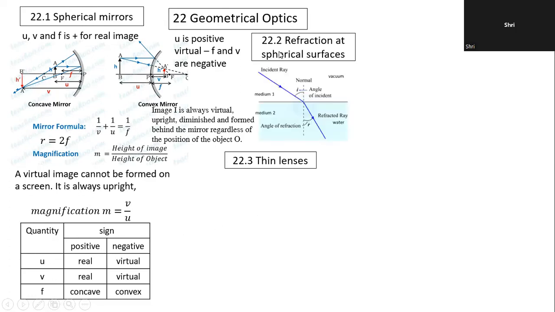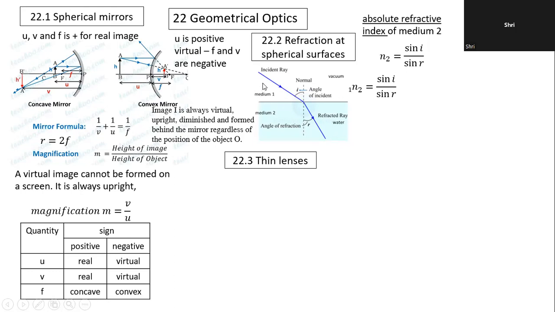And refraction at a spherical surface. For plane surface, absolute refractive index of medium 2. That is your medium 2. Remember the formula, sine I over sine R. Right?